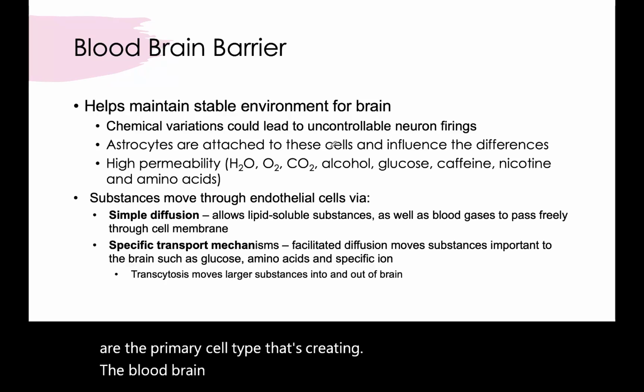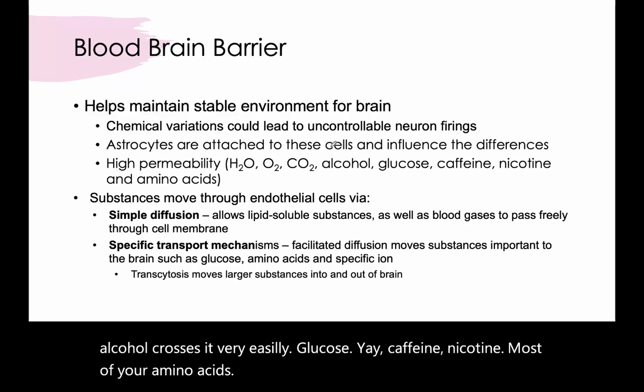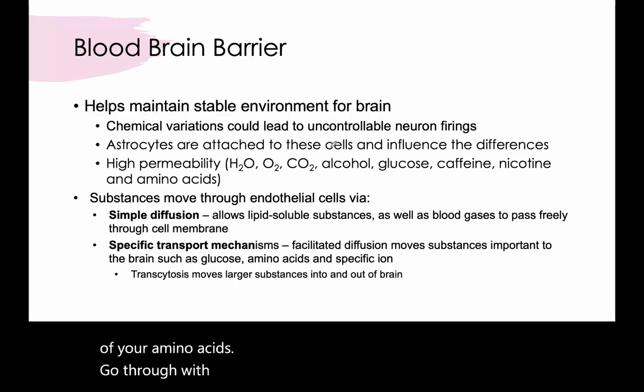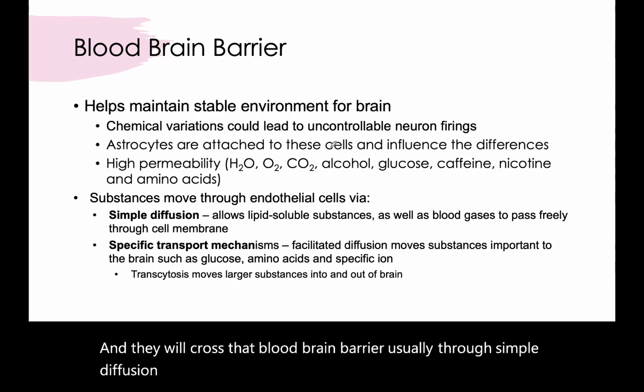It allows water, oxygen, carbon dioxide, alcohol crosses it very easily, glucose, yay, caffeine, nicotine, most of your amino acids go through with no problem. And they will cross that blood-brain barrier usually through simple diffusion or through what we call transcellular transport channels.